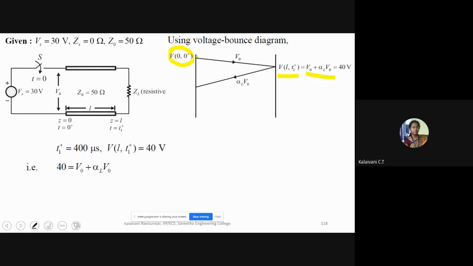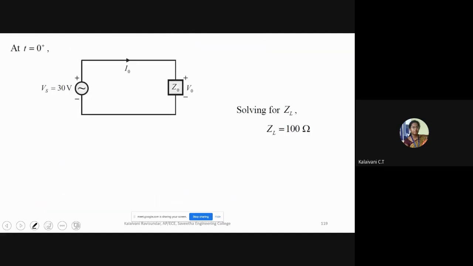From this, how to find the reflection coefficient? The voltage reflection coefficient gamma L at the load is given by ZL minus Z0 divided by ZL plus Z0. It is the same equation for reflection coefficient, since we normally calculate the reflection coefficient at the load only. Can you relate this?